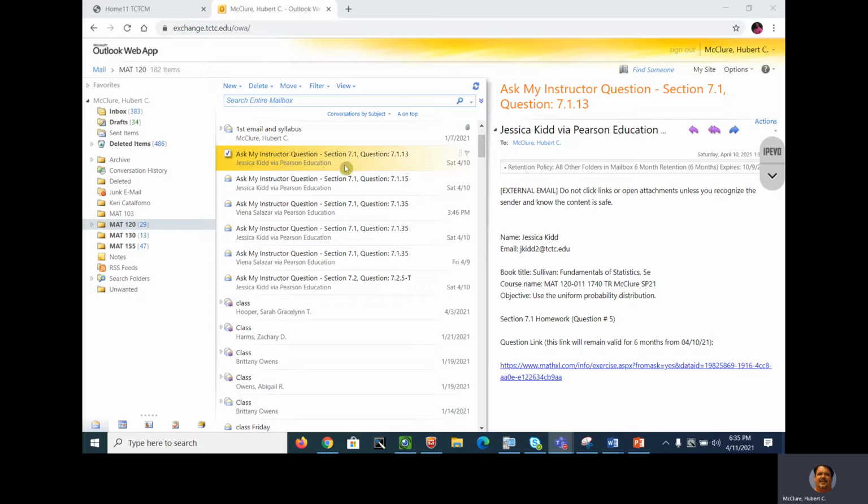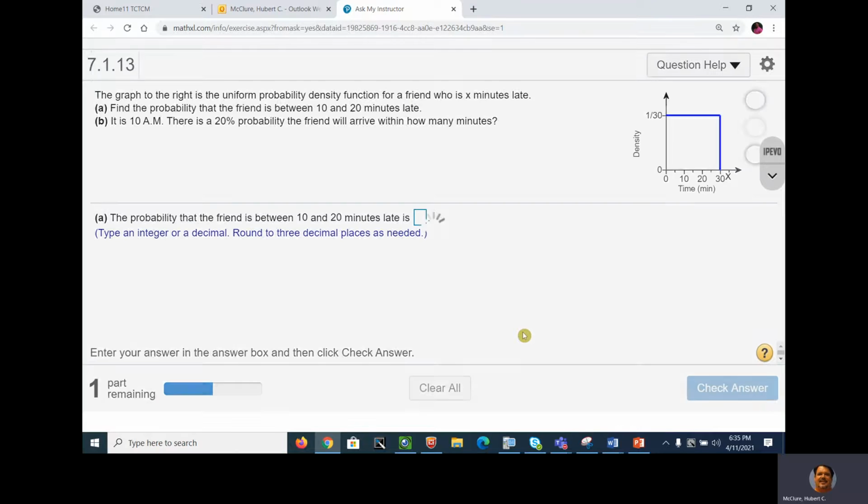So the first question we got is 7.1 13/5. And this is a uniform, just like we did in class.